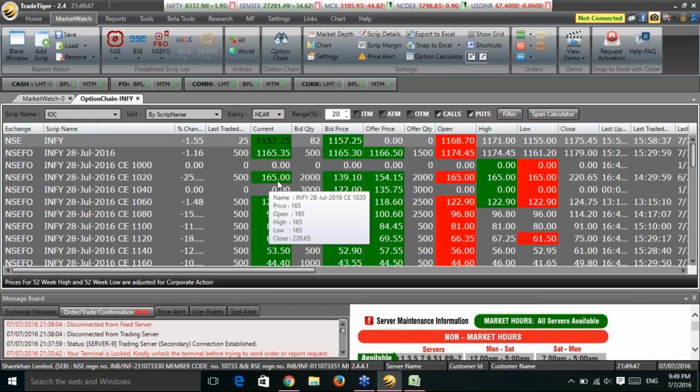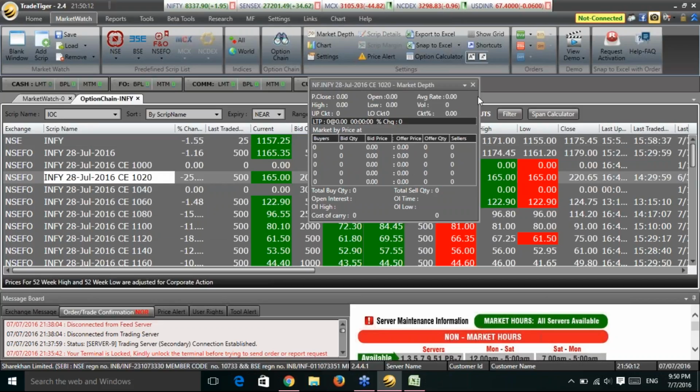So we have 1157 minus 1020, so the remaining 133 is the intrinsic value, and the remaining 32 or 35 is your time value of money. So today the time value of money is there, but on the date of expiry the same contract will have no time value of money.